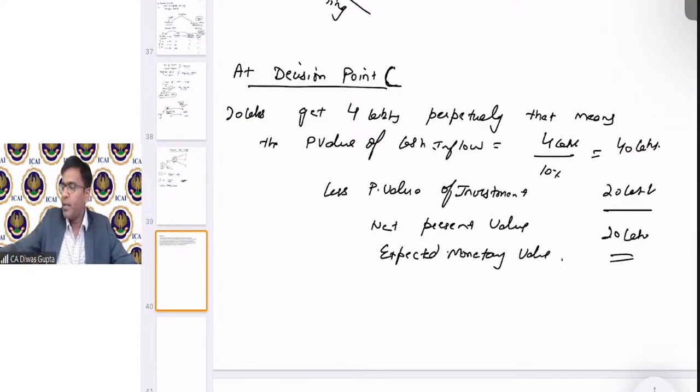I hope this is clear. So perpetually, if you're getting 4 lakhs and your discounting rate is 10%, that means you can accumulate 40 lakh rupees. The right value to put as of now is 40 lakh rupees. So 40 lakh rupees is your cash inflow. Against that, 20 lakhs you are spending. So that means net 20 lakh rupees you are still able to save, which is called expected monetary value.